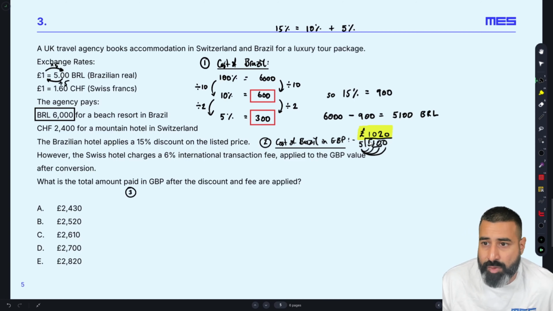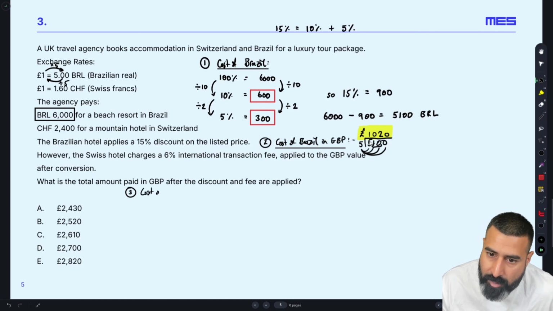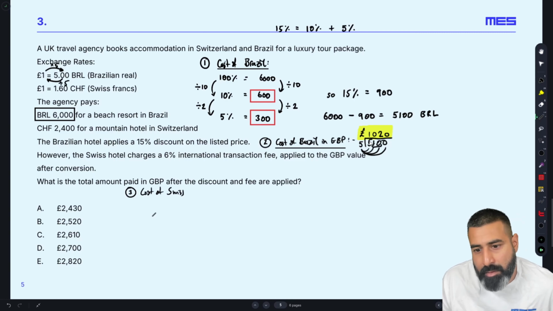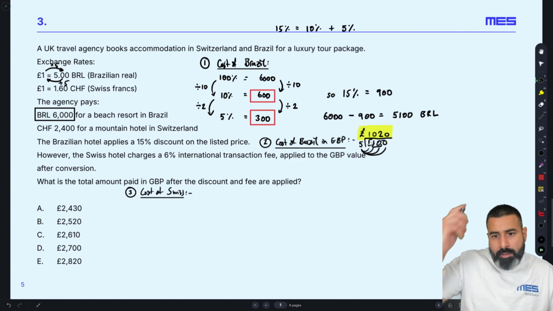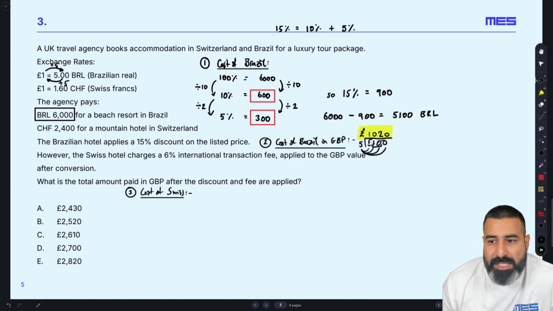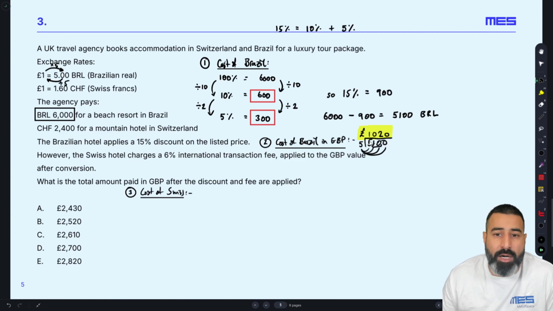now let's have a look at the Swiss cost. So cost of Swiss hotel. Okay. Now the Swiss hotel charges a 6% international transaction fee applied to the GBP value after conversion.